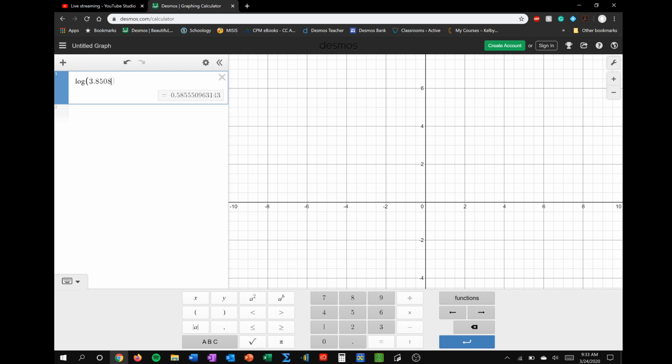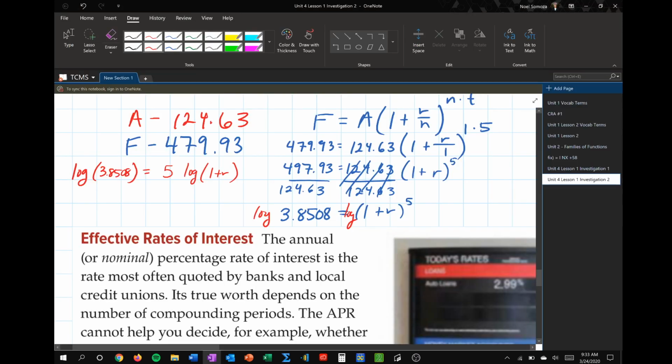Okay, so log of 3.8508, that is 0.5855, okay. And now here, 5 times log of 1 plus R, right? And what do you predict we could do next?